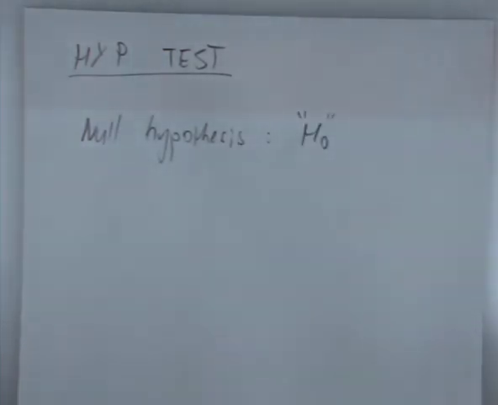And that null hypothesis is always about things being equal or things being the same or there being no relationship. It's all about nothing. Okay, so that's why it's called null. So in regression, the null hypothesis is that there is no relationship. In a t-test, the null hypothesis is that there is no difference.